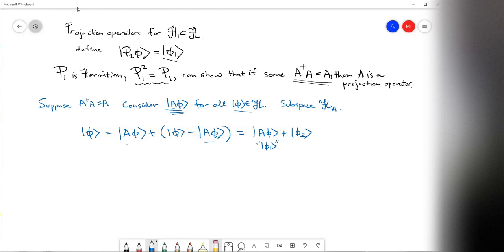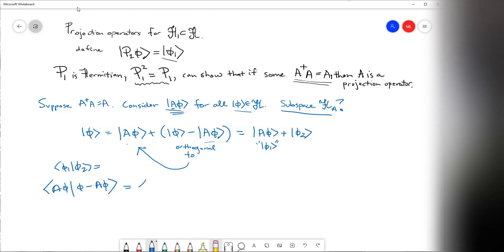And how do we know that it's a proper subspace? Well, we can check that this is orthogonal to this. We can check that by taking A phi and dotting it into phi minus A phi. This is like checking that phi1 dotted into phi2 is equal to 0, and we can just work it out.